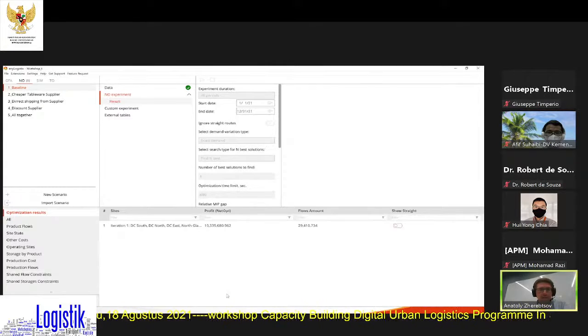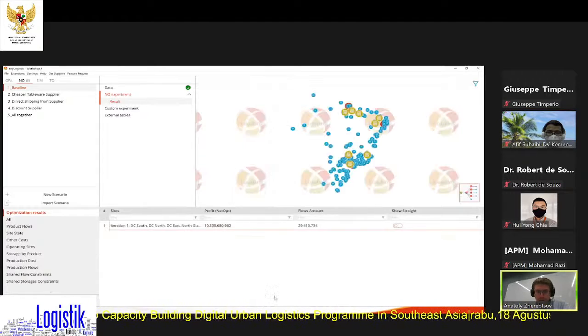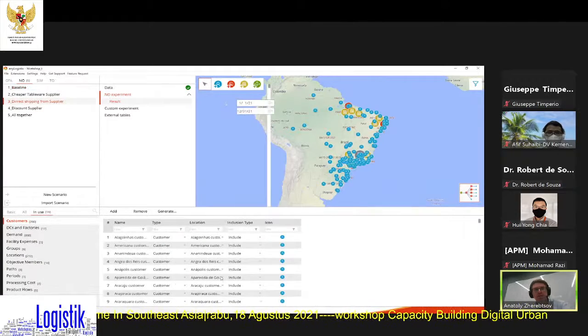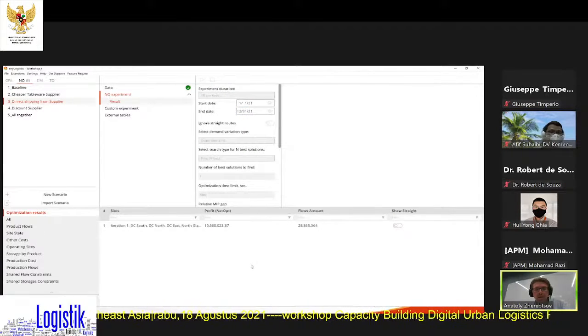So in the baseline scenario, profit is the following, like 10 million 335, and in this case it's 10 million 600,000. So it's definitely better than the baseline scenario.